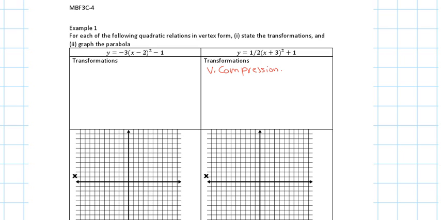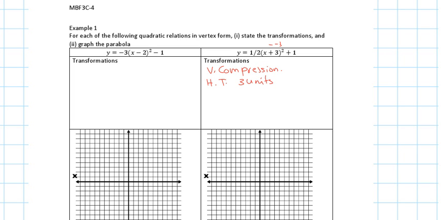And then I have x plus 3 squared. So that plus 3 is actually a what? It's actually a negative 3, right? Because technically it's a negative 3, but then they change it to a positive, yeah? So that's a horizontal translation. 3 units which way?